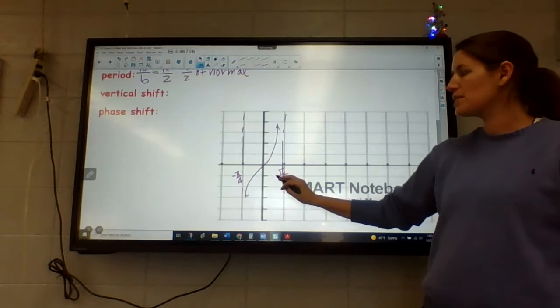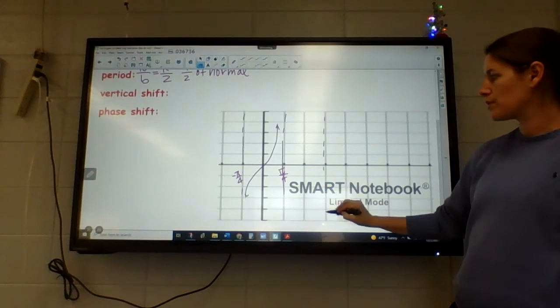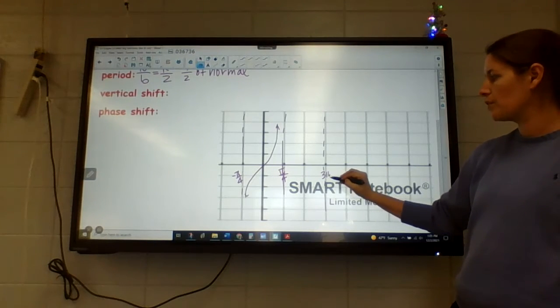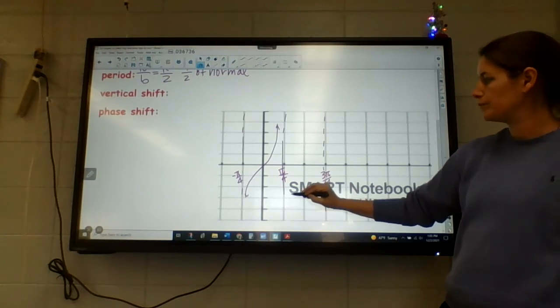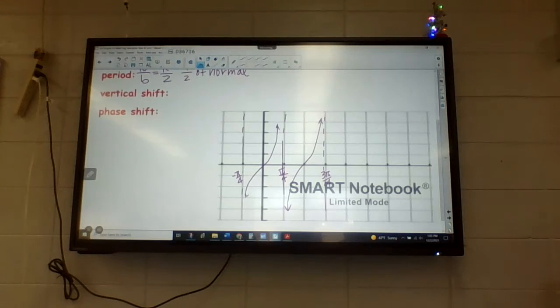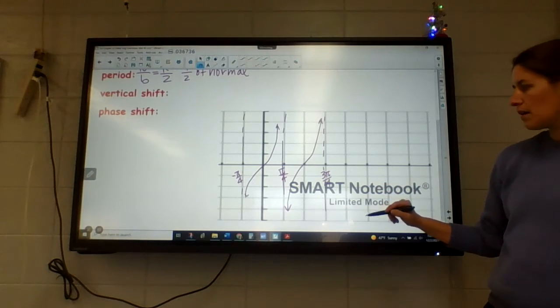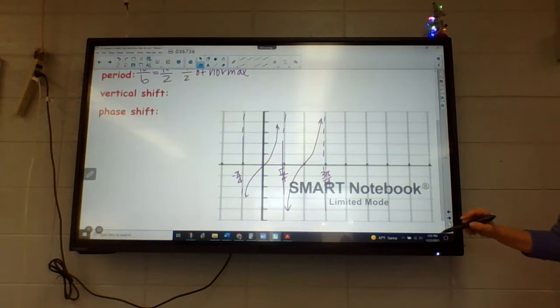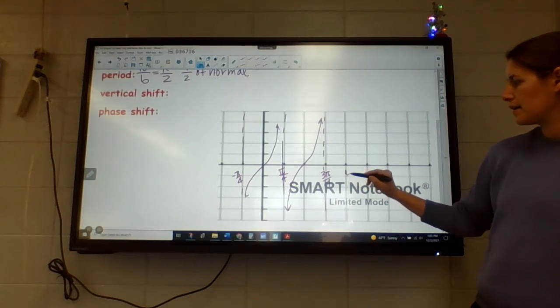Yeah, and just kind of use this as our pattern. It basically goes 0, asymptote. So that's going to be 3 pi over 4, sorry, right? Because this is going to be pi over 2. And again, skip it, because this will be pi.